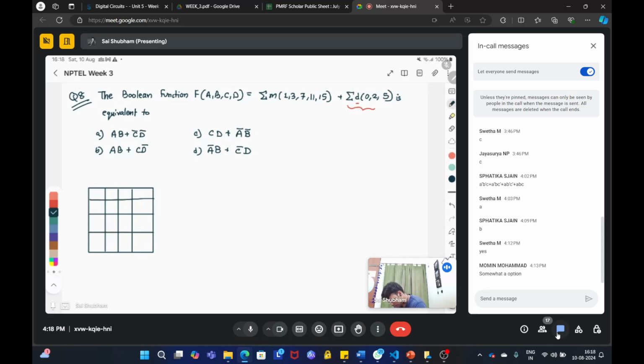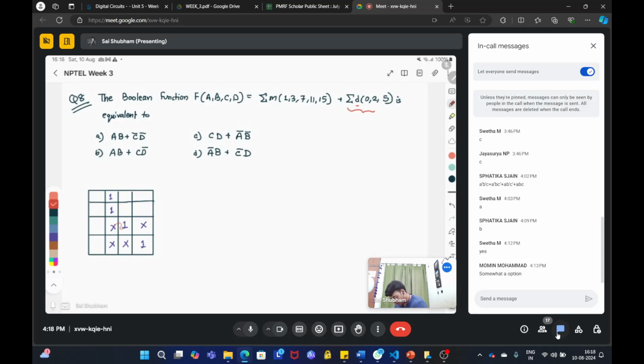If this is my K map, and suppose randomly I have signals like this, and if I have don't care like this, it means that whether this position is 1 or 0, it does not matter to the system. So according to our benefit, we will assume it either 1 or 0 so that we can simplify the expression.